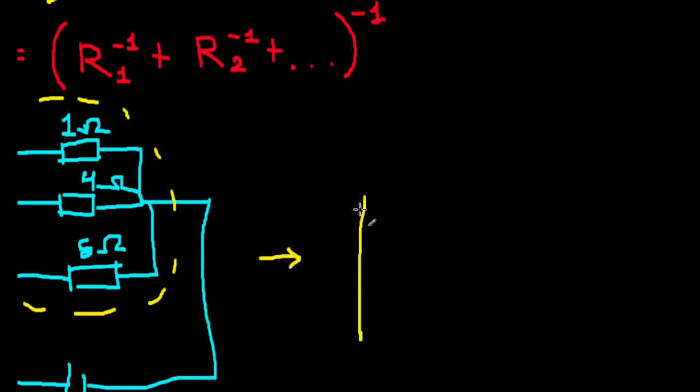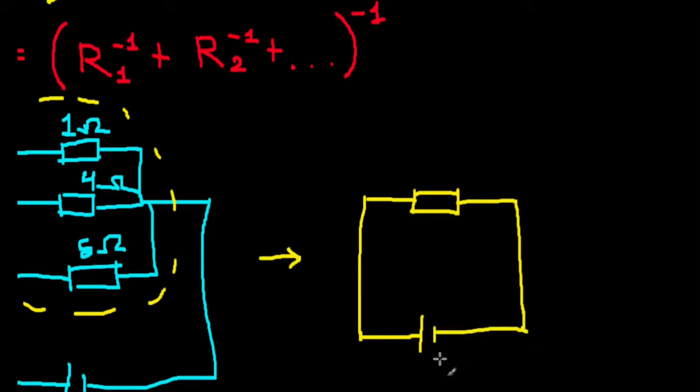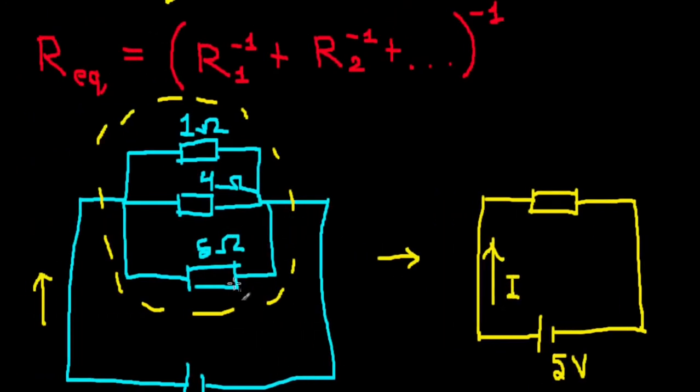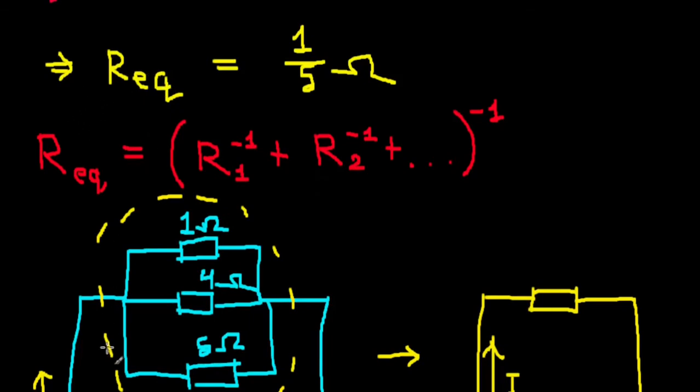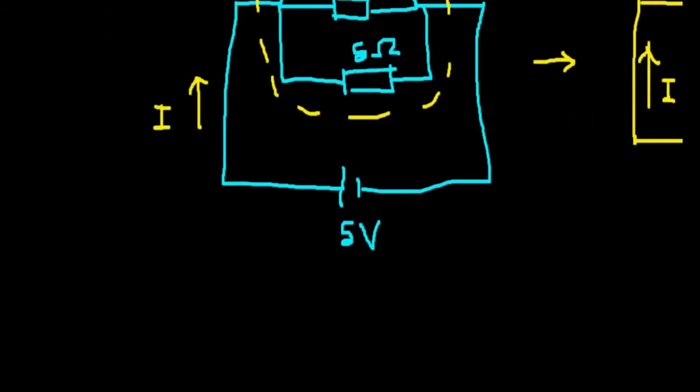Here we have a single equivalent resistance, and the same cell, 5 volts, and the same current, as we said, I. What's your equivalent resistance here? You have three resistances in parallel.